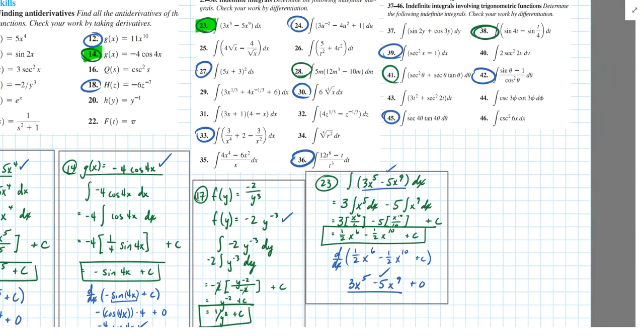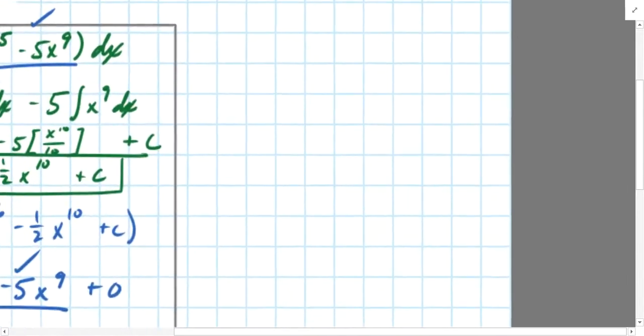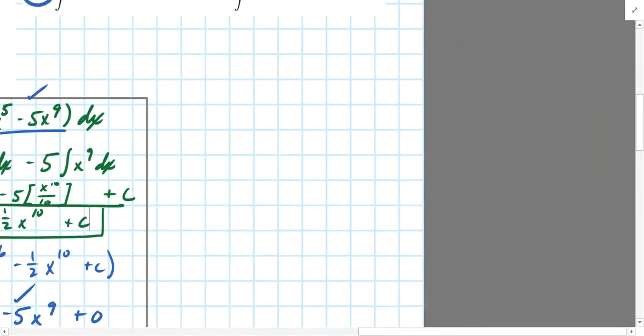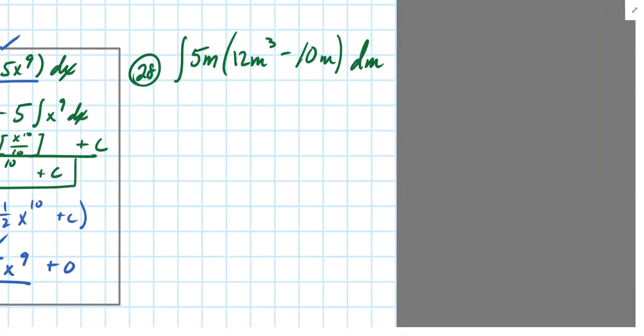Okay, so 23 is done. Now let's take a look at 28. I might be able to squeeze it in right here. So in this case, we have a product of two functions. It's like we have a factor in front of a grouping symbol. And there are techniques where we can find the antiderivative of two functions that are multiplied together.